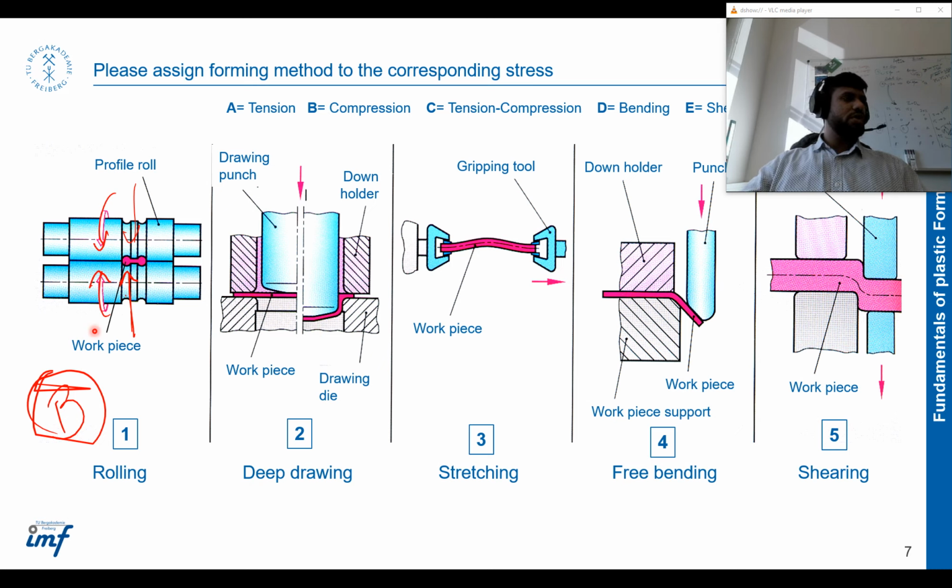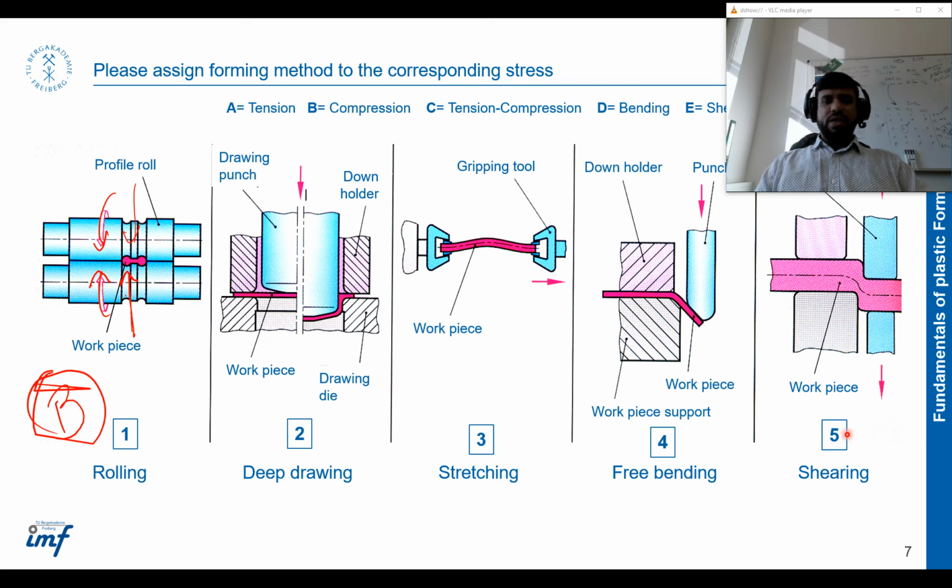I will turn on the polls again and you can vote. Does it belong to tension forming, compression forming, tension compression forming, bending or shear? One student answered that it is E, shear.